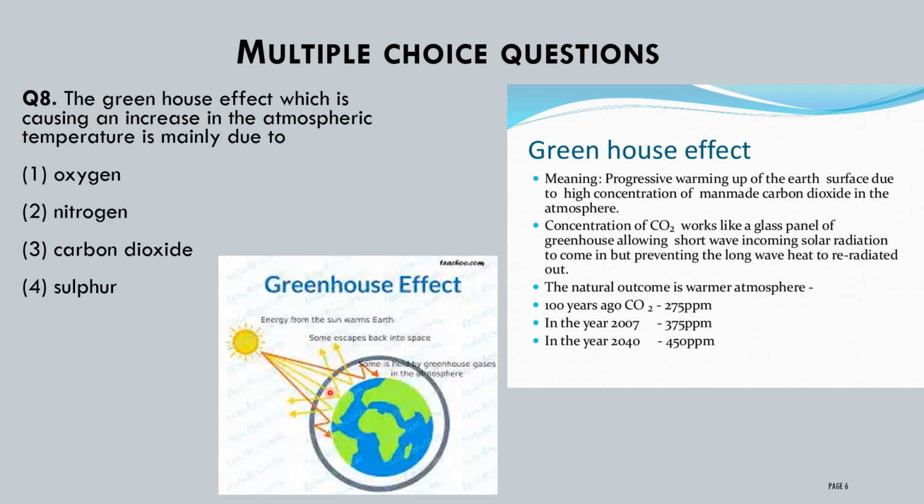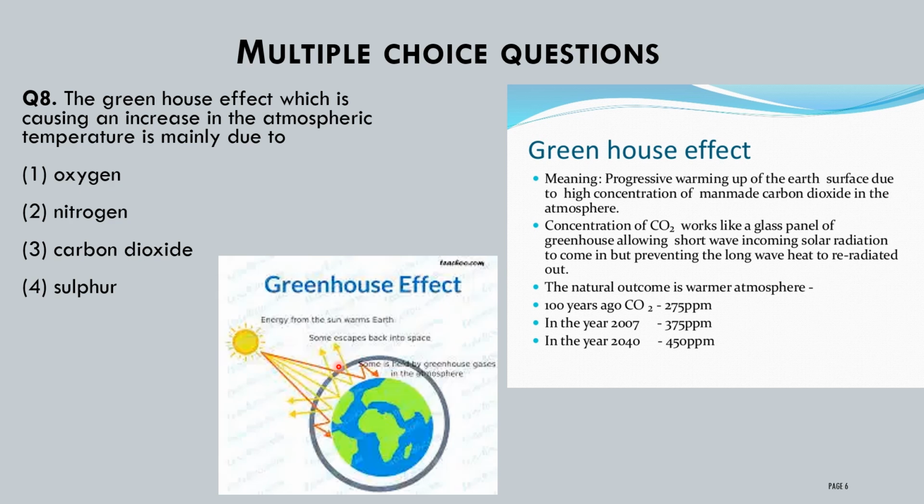Now, how do these greenhouse gases, or carbon dioxide, increase the temperature of the earth? Let us discuss. The concentration of CO2 works like the glass panel of a greenhouse, allowing short wave incoming solar radiation to come in but preventing long wave heat re-radiation out.